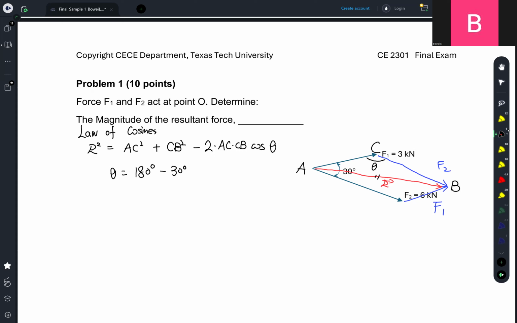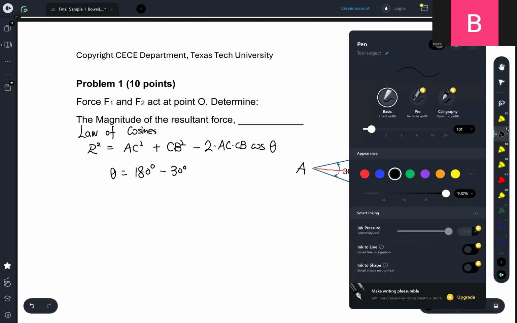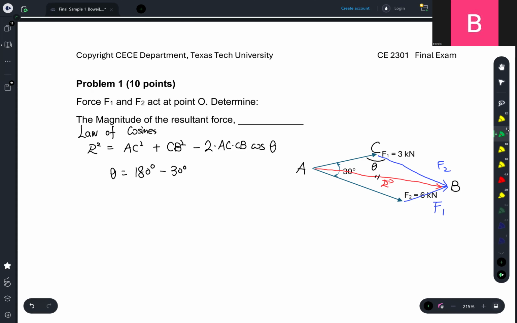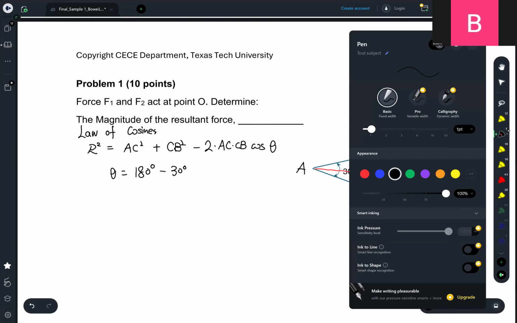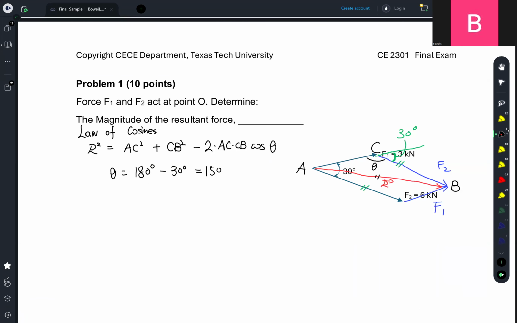If you need me to explain it a little bit, suppose that I extend the line AC. What would this angle equal? Since this line and this line are parallel, that will equal 30 degrees here. And theta equals 180 minus 30 degrees, right? Okay, so now we have theta equals 150.